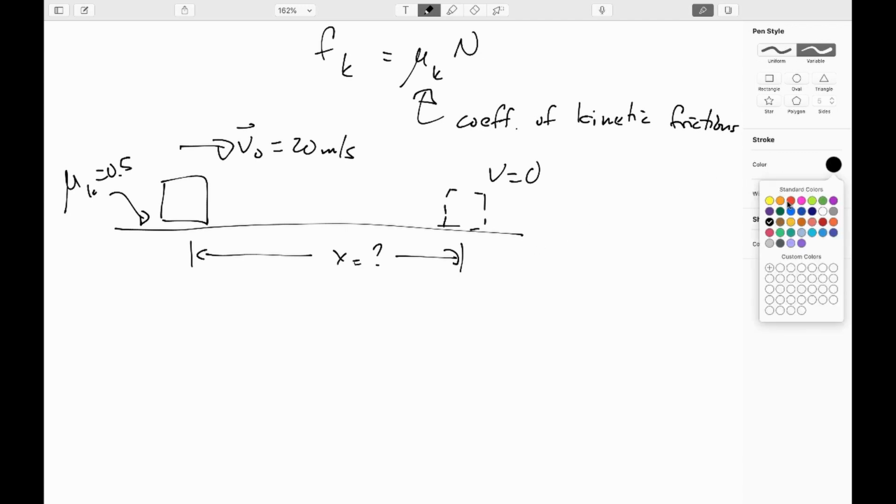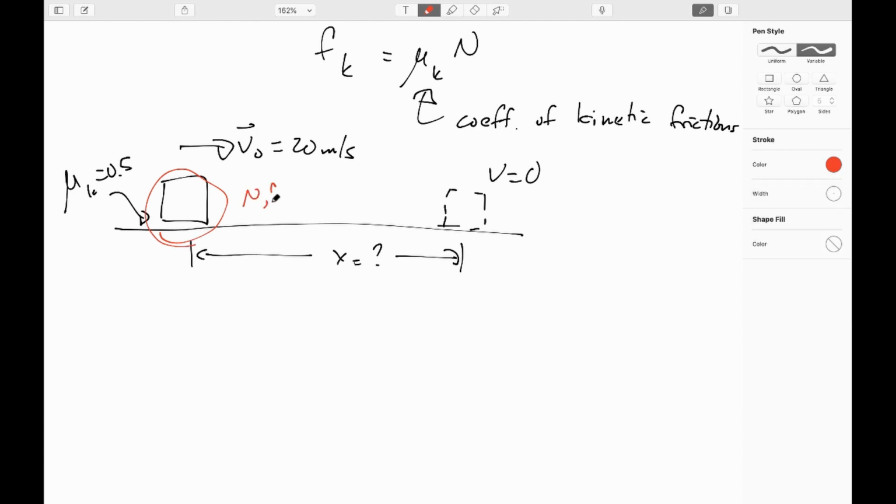So again, force identification diagram. So we've got the normal force and now kinetic friction. Long range force is gravity. Let's draw a free body diagram. So here we'll have normal force up, gravity down, kinetic friction to the left.